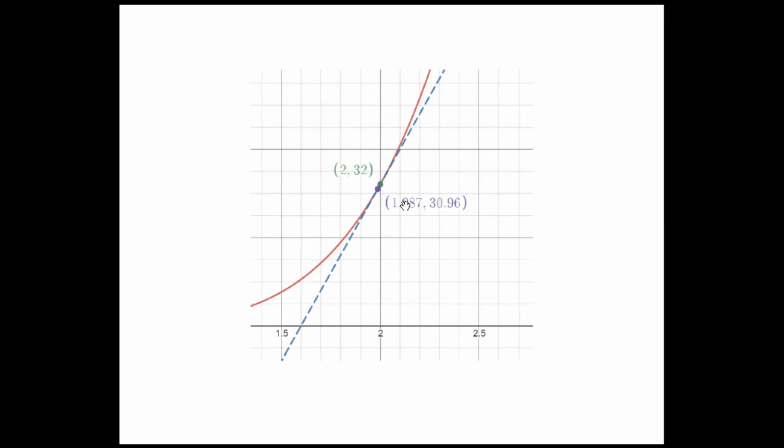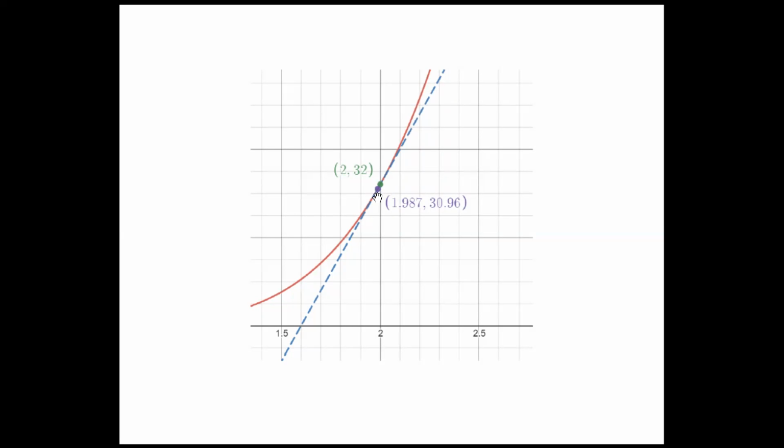Now, we see that, of course, this line, the dotted line, is tangent to it at 2. That means that it touches there. That's why, when you put 2 into the linear function and into x to the fifth, it gave you the same answer, because they are the same point on each of the graphs.